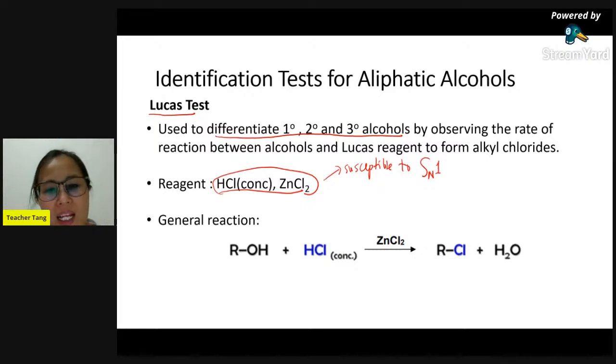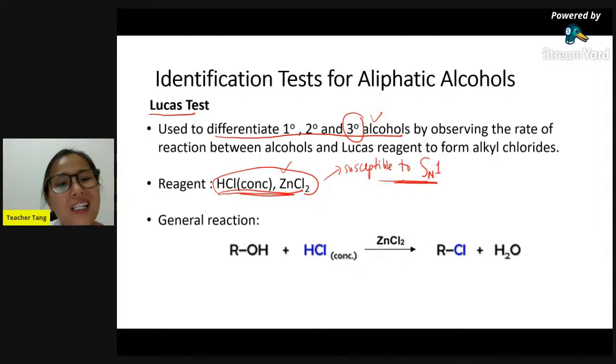So remember, reactivity towards SN1 depends on the stability of the carbocation. Therefore, we expect tertiary alcohol, which can form a tertiary carbocation, to be more reactive towards the Lucas reagent, because the Lucas reagent is more prone to SN1 reaction. So tertiary alcohol can form a tertiary carbocation and is more likely to react with your Lucas reagent.